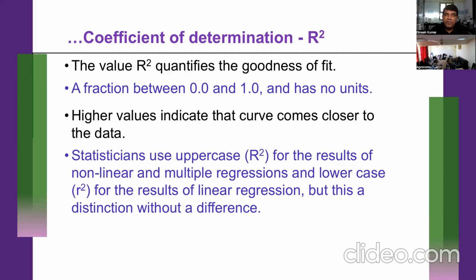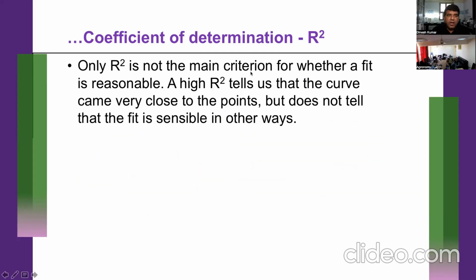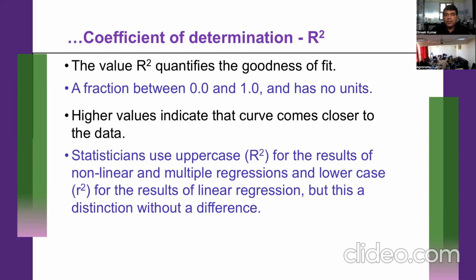If you remember, in one or two pictures, I showed you that the line was passing through the points. Then the value of the coefficient of determination was 1, meaning 100%. 100% was represented by regression, by association. There was no error. So higher values indicate that the curve comes closer to the data.